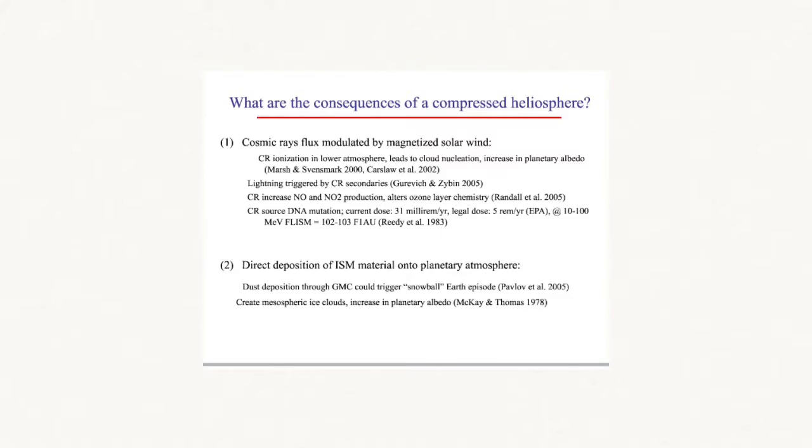And one of the other significant things is cancer rates, DNA mutation, and so forth. And let's not forget one of the worst case scenarios, which would be a direct deposition of interstellar medium materials onto our planetary atmosphere, which would likely result in a snowball Earth.